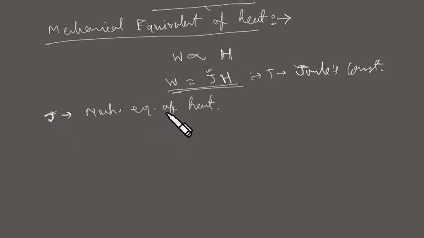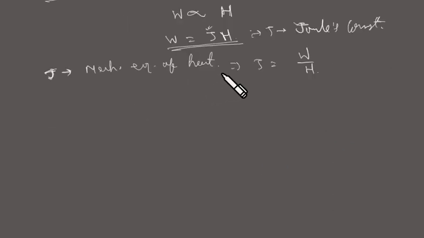Alright, so that's the Joule's constant or mechanical equivalent of heat, which gives us J equals W by H. From this equation we can define J as, if H equals 1, then W equals J, of course.